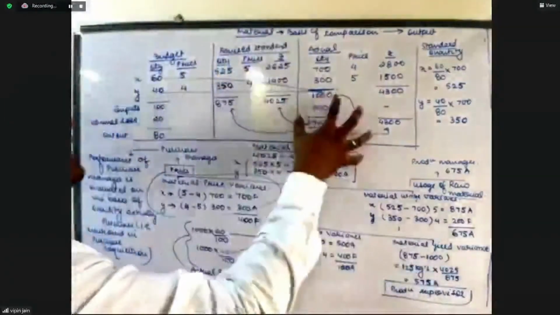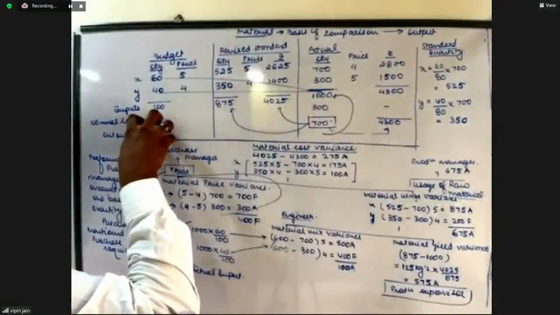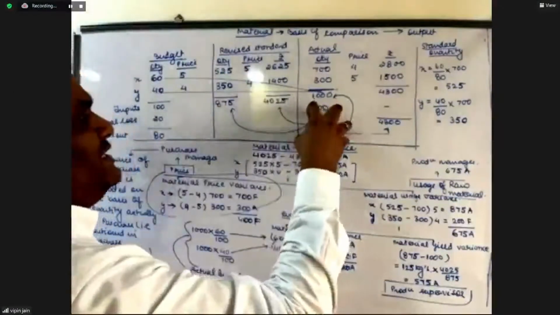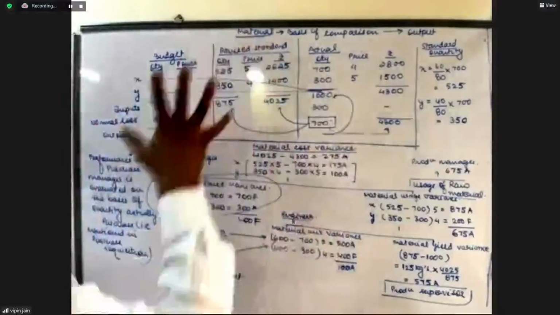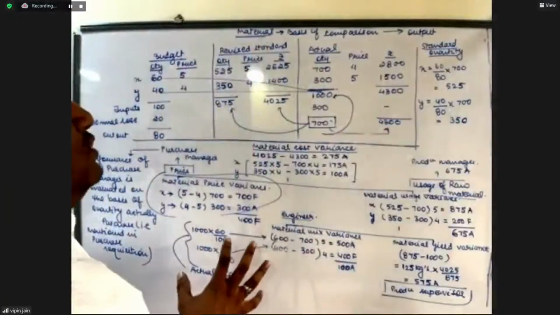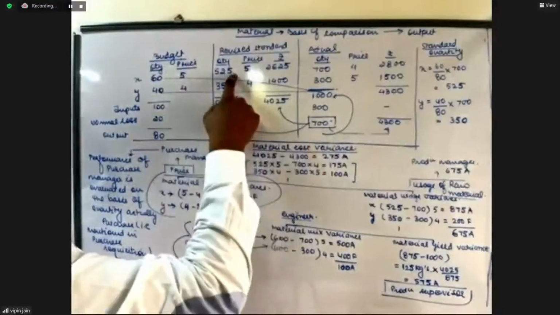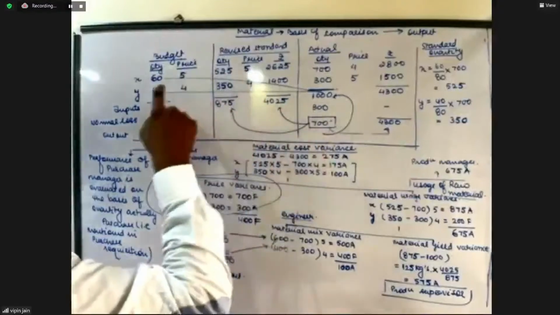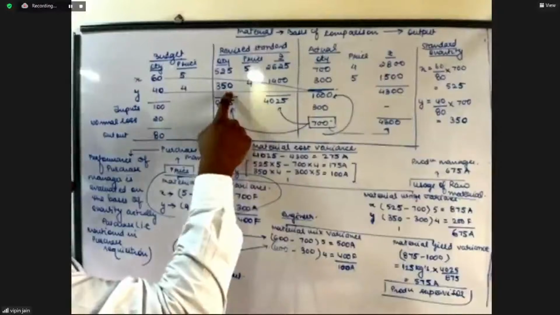Now, these two figures were not comparable. Why? Because their output is different. The budgeted output is 80, the actual output is 700. So we have to make it comparable by preparing a revised standard. For 60 for 80, so for 700 output, how much? 525. 40 input for 80 output, for 700 output, how much? 350.